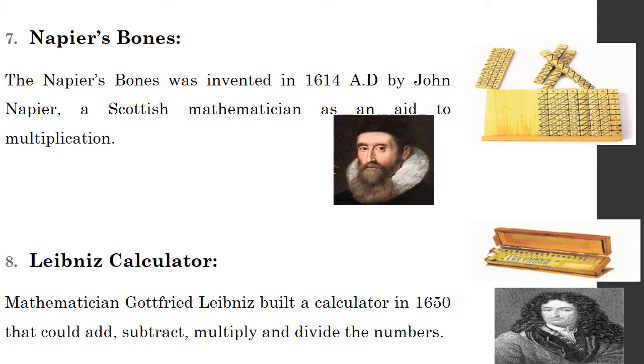Next, Leibniz calculator. A mathematician named Gottfried Leibniz built a calculator in 1650 that could add, subtract, multiply and divide numbers. So this Leibniz calculator was able to perform the arithmetic operations like addition, subtraction, multiplication and division.